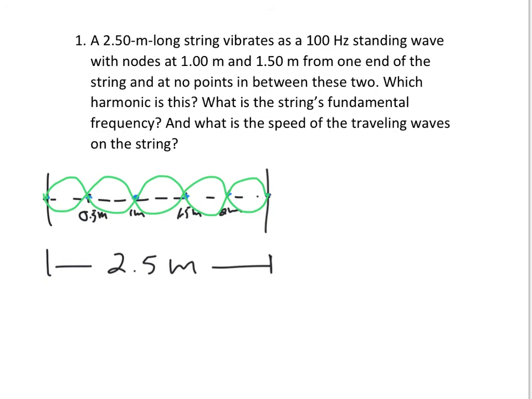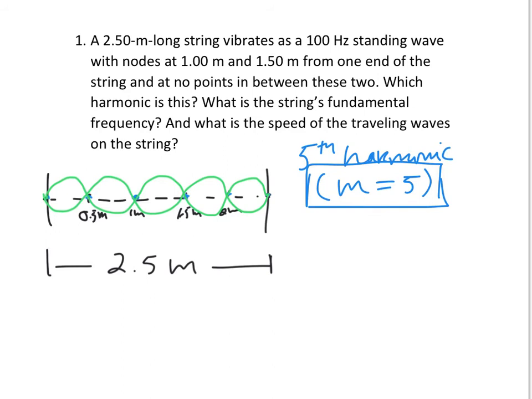So remember, the harmonic is the mode number, and that refers to the number of antinodes. So there's 1, 2, 3, 4, 5 antinodes. So that means that this is the fifth harmonic. Or we could just say that m equals 5.